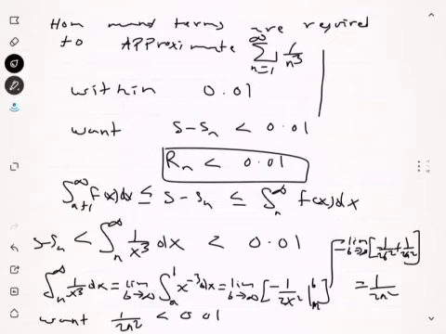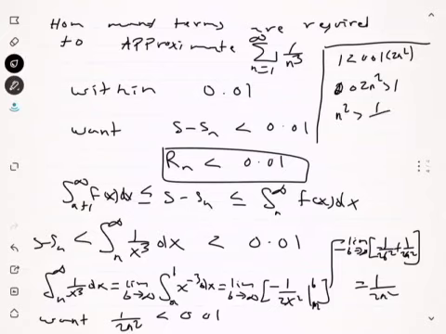So I'll just do it right here. 1 is less than 0.01 times 2n squared, so 0.02 n squared is bigger than 1, and n squared is bigger than 1 over 0.02, and n is bigger than the square root of 50, like this. So n is bigger than 7.07, so you take n to be bigger than or equals to 8, because n has to be an integer.